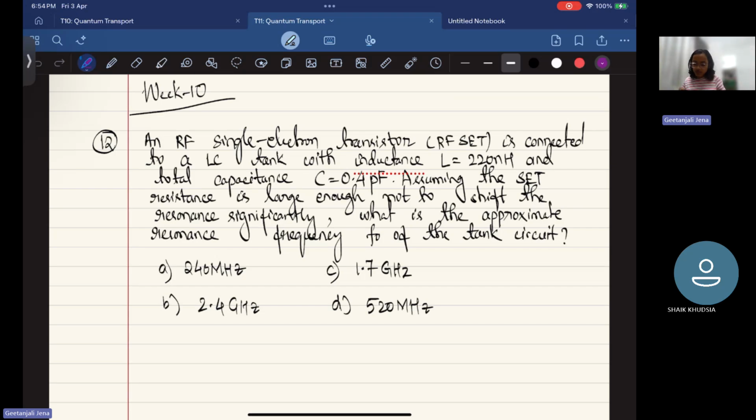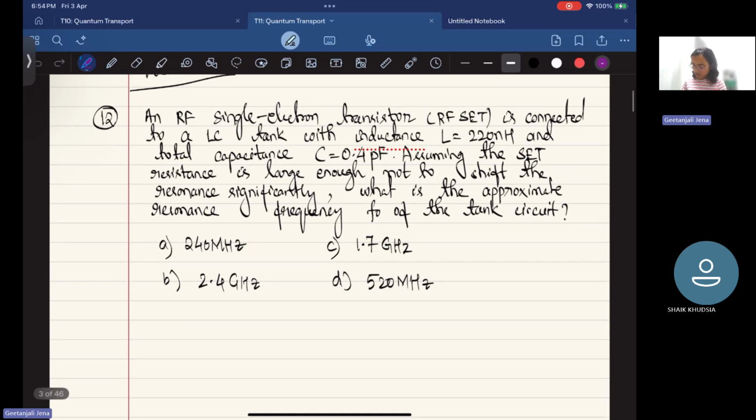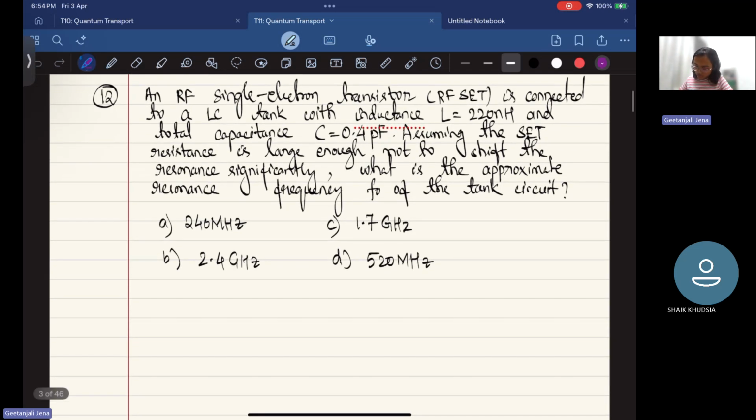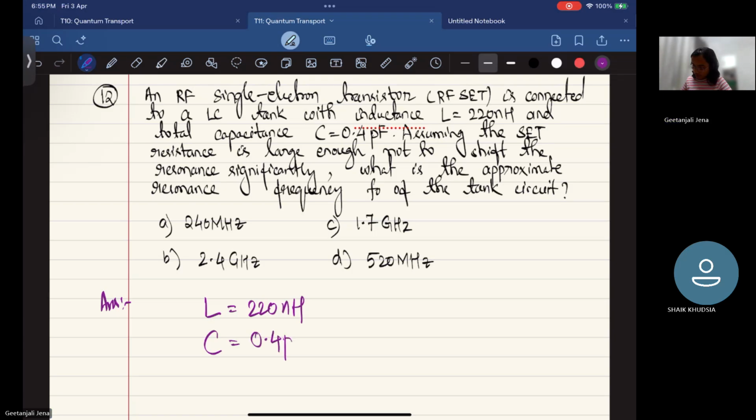For the first question, we have an RF single electron transistor which is connected to an LC tank. Let me write down the values. Given L is 220 nanohenry and total capacitance C is 0.4 picofarad.